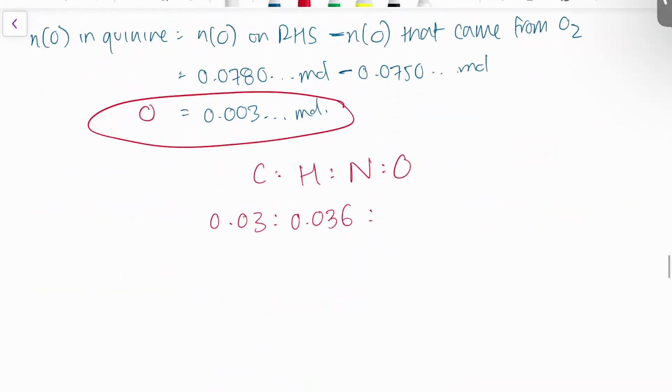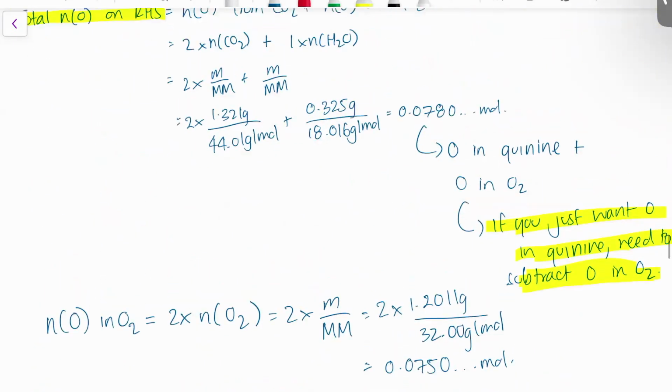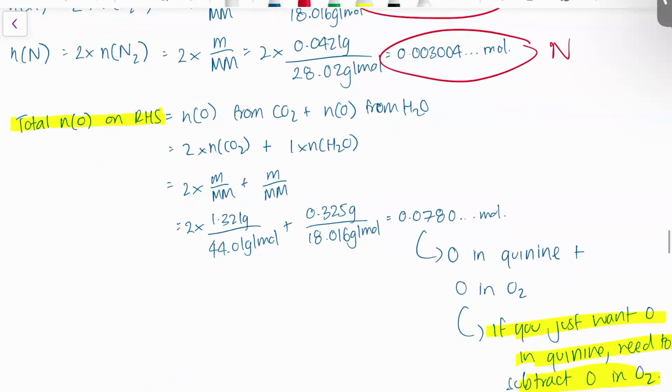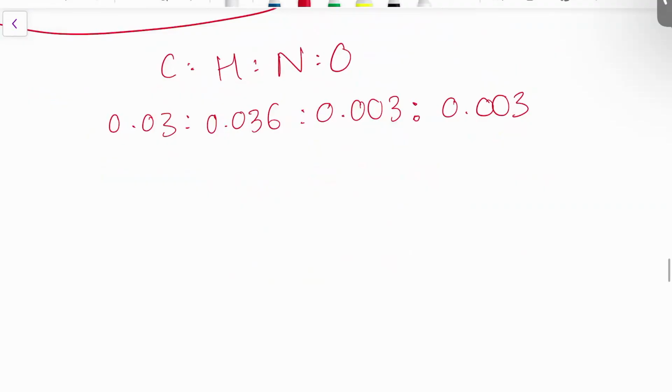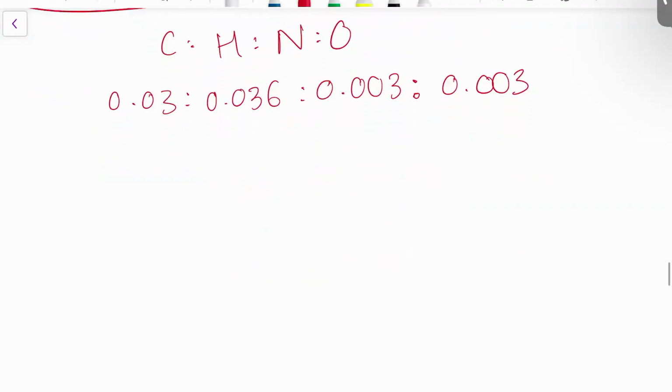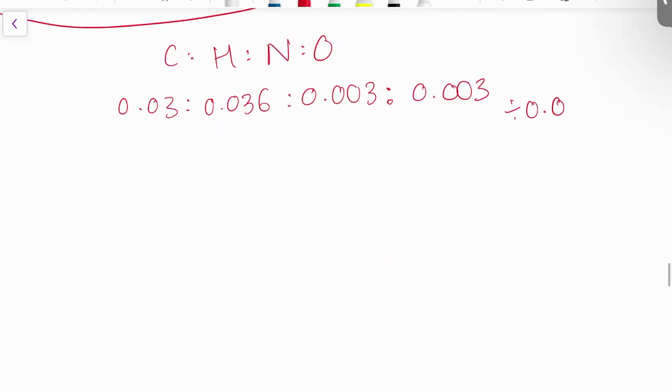For nitrogen earlier, we got 0.003. And then for oxygen, you also got 0.003. Which one's the smallest number? Don't let the zeros confuse you. The more zeros, the smaller. What's the smallest number that I'm dividing by? 0.003. I divide all of it by 0.003.